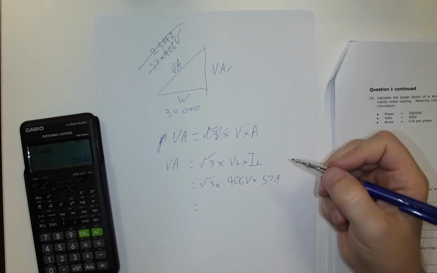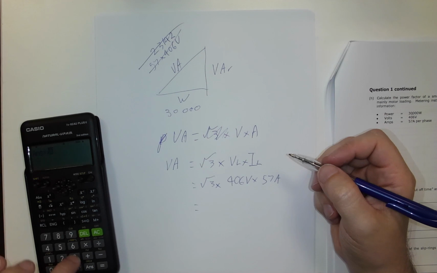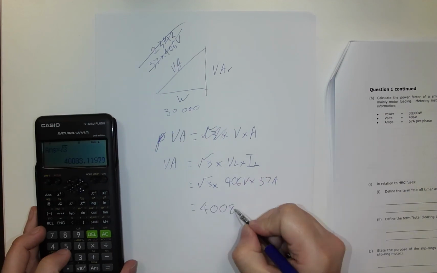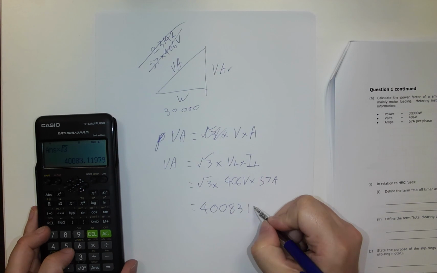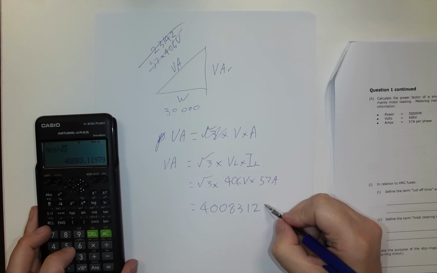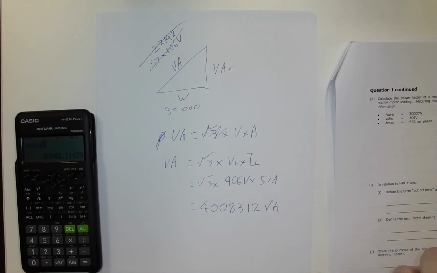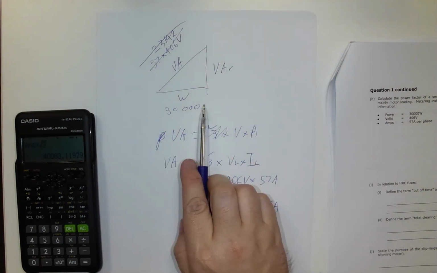So times by root 3, and we get 40,083.12 VA.